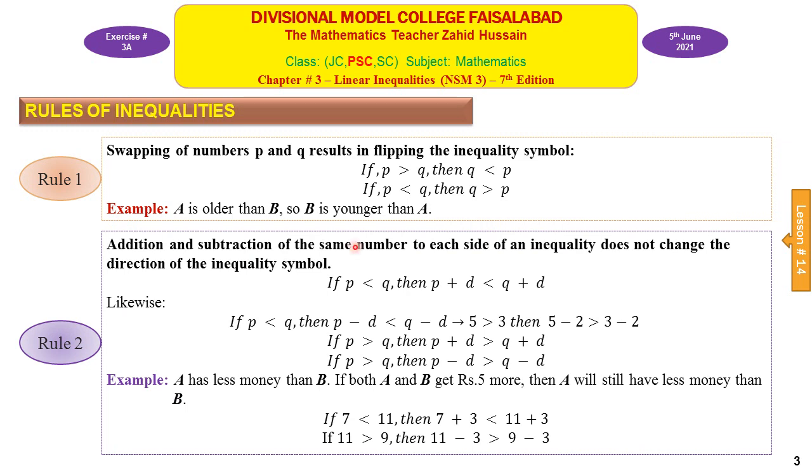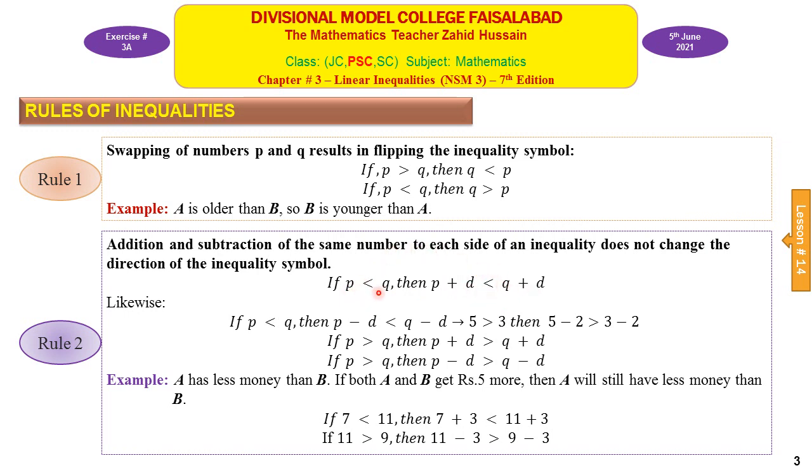Rule number 2 is addition and subtraction of the same number to each side of an inequality does not change the direction of the inequality symbol. So if in the original inequality you add the same number on both sides, the inequality sign remains the same.